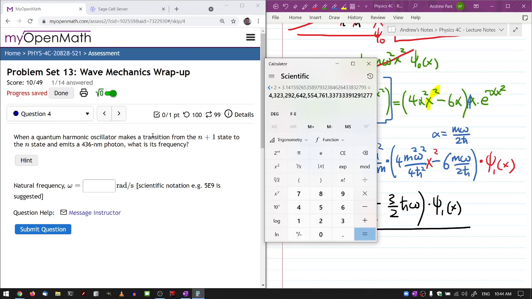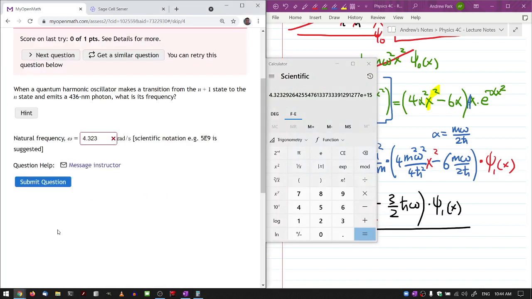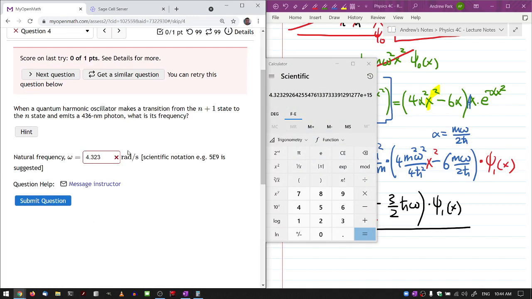In scientific notation, that's 4.323. Oh wait, why is that not correct? What is its frequency? That should have been right.